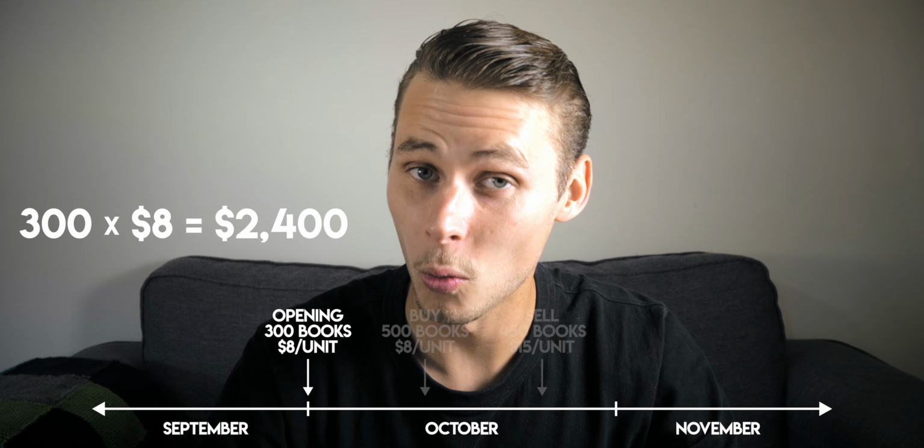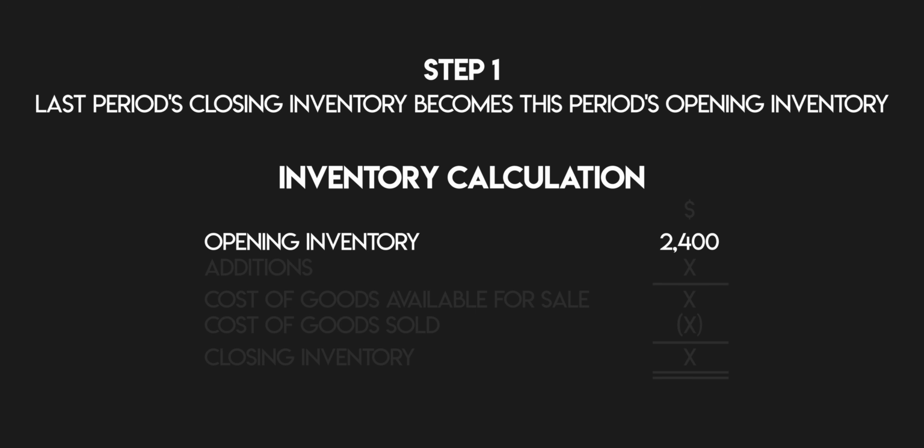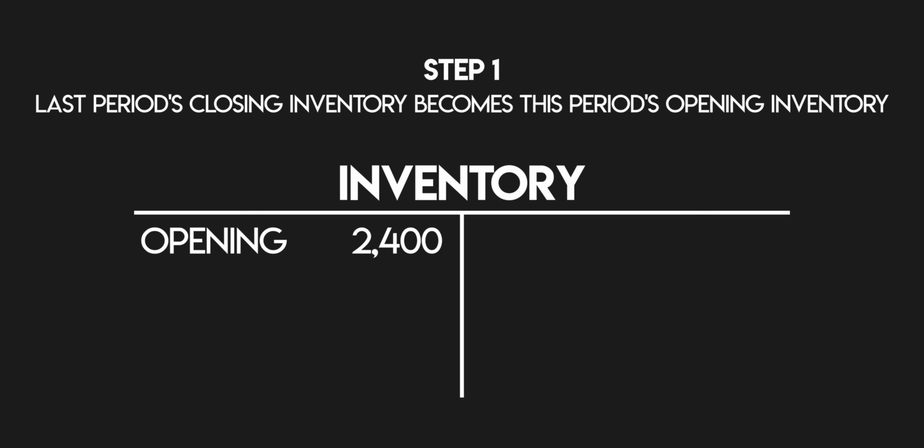That's your closing September balance, which you need to bring forward into October. Step 1 is exactly the same whether you're using the perpetual or periodic system, and since inventory is a normal debit account, we can show this opening inventory as a debit of $2,400 on the left-hand side of your inventory T account.